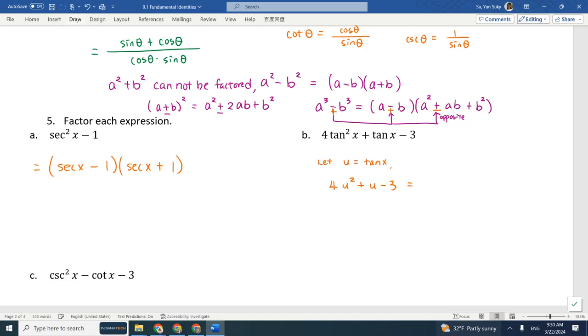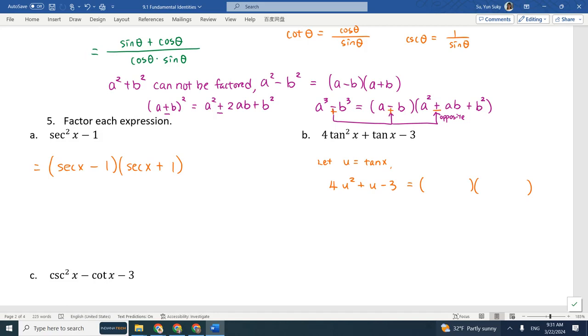Then how do you factor a quadratic expression? You put a pair of parentheses. And you look at the factors of 4u squared. They are either u and 4u, or they could be 2u and 2u. Right, everybody? Let's pick one of them.